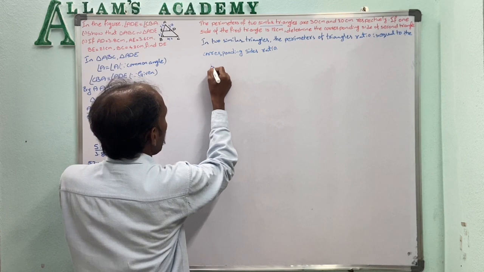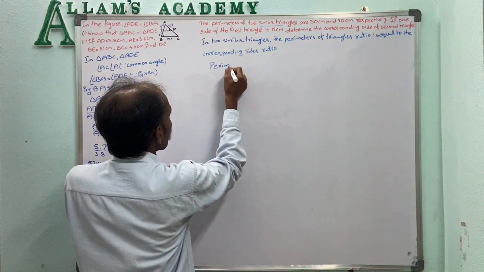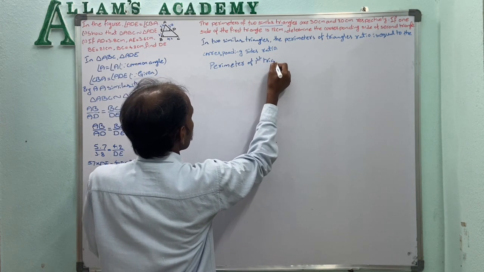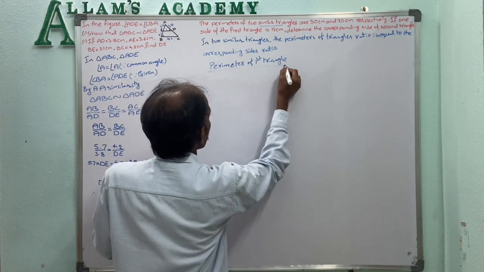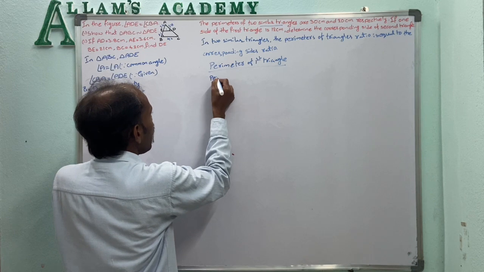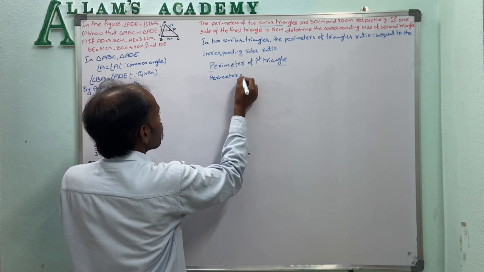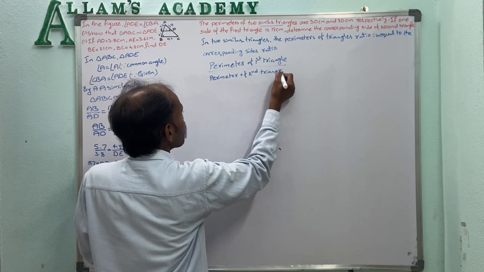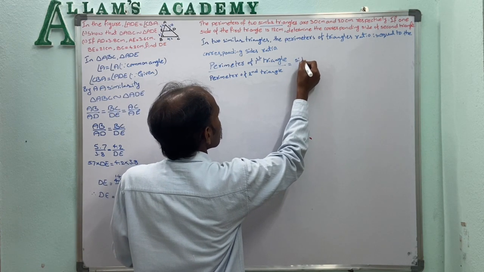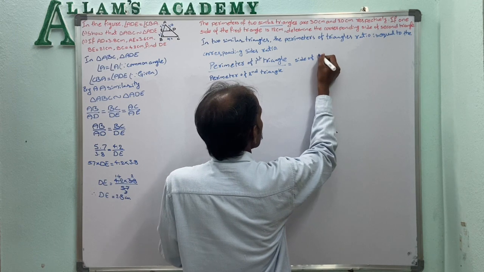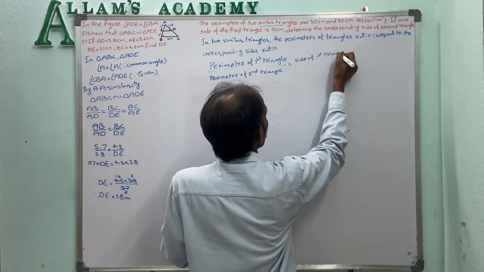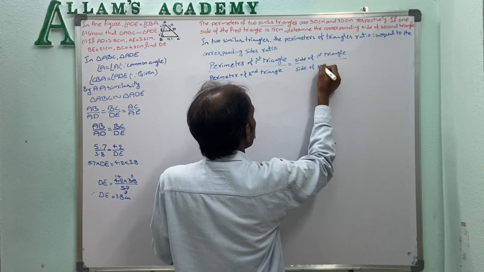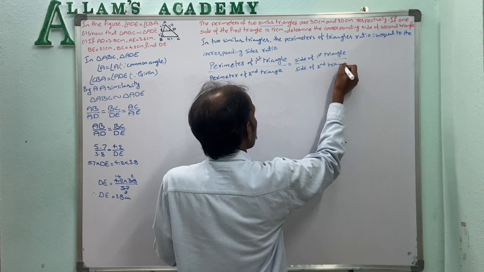Okay, so here we write that ratio. Perimeter of the first triangle by perimeter of the second triangle equals side of the first triangle by the corresponding side of the second triangle.